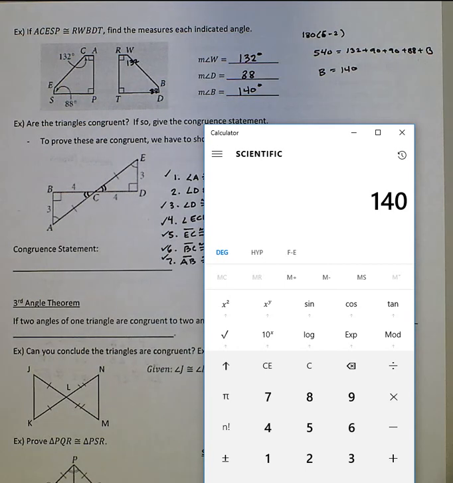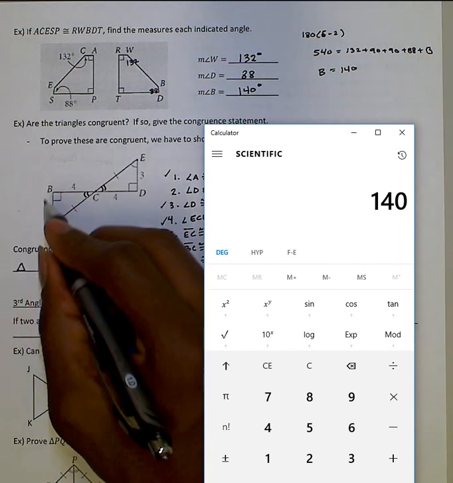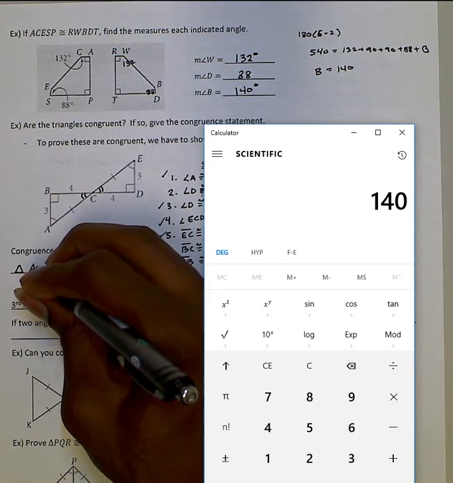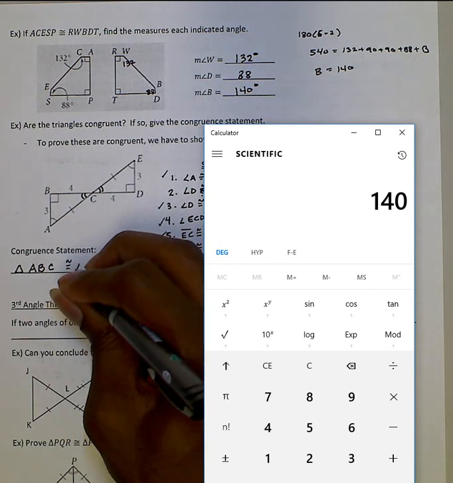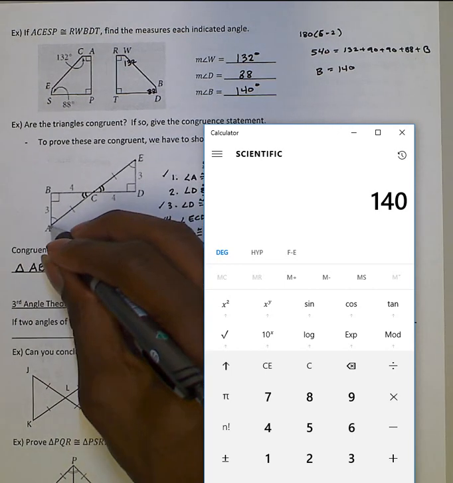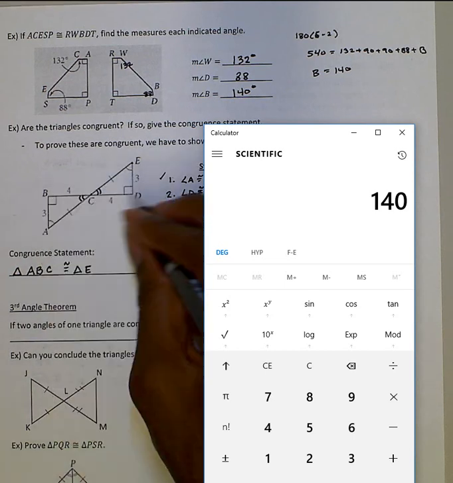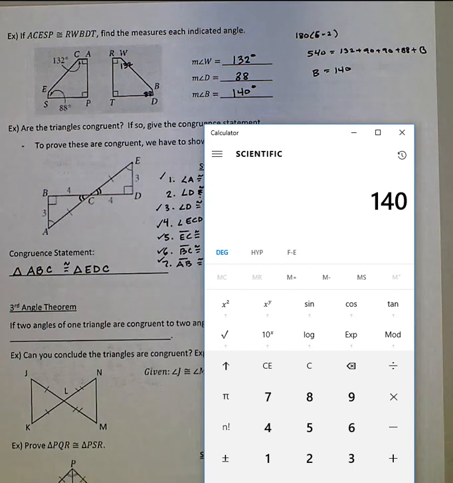So now our congruence statement, I'm going to say triangle ABC. I can go in whatever order I want to in the first one, but I'll make sure I follow that exact order in the second one. It's congruent to triangle A had 1 arc, E has 1 arc. B was a 90-degree angle, D is a 90-degree angle. C has 2 arcs, C has 2 arcs.